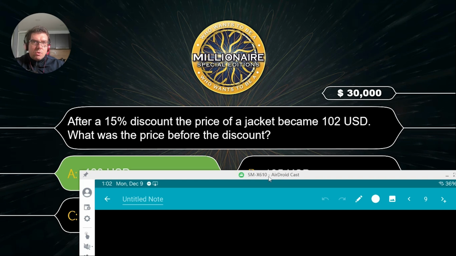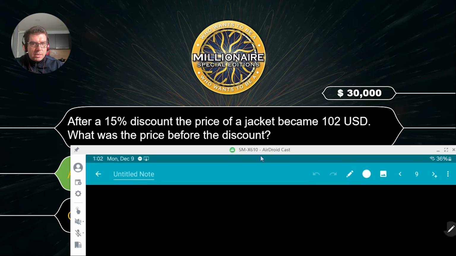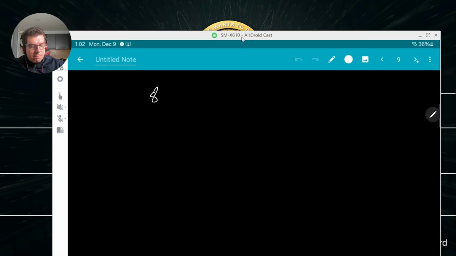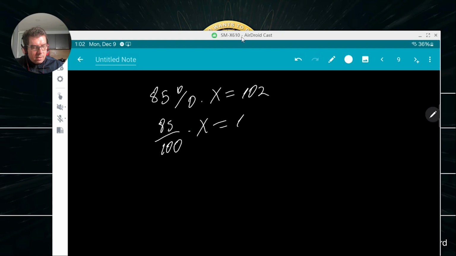So we subtract 15% discount, we get to 85% of the original price. So our equation simply becomes 85% of X equals 102. Again, 85 over 100 times X equals 102.